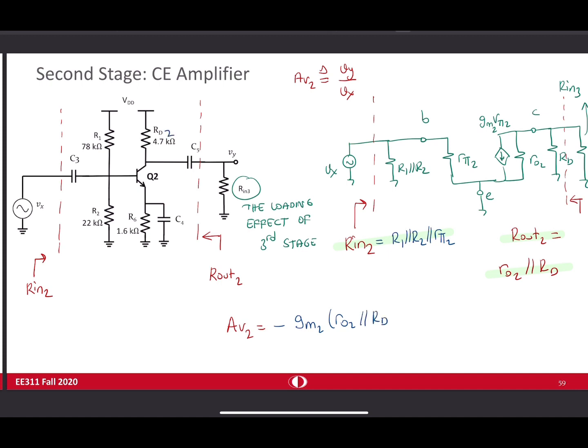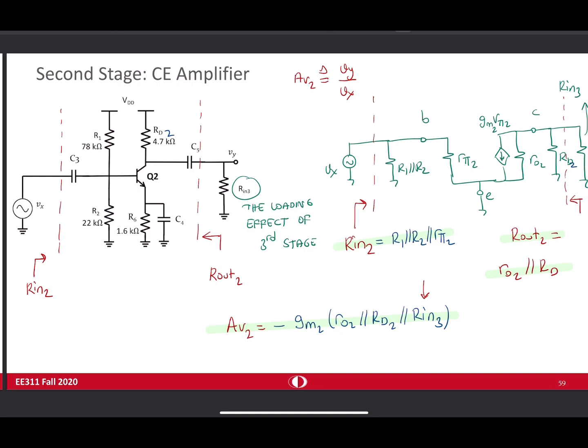Let's say this is RD2, not to confuse with the first stage RD, in parallel with Rin3. So we find the second stage gain as well. The only thing that we don't know in here is this Rin3, and we will find it in the next slide when we come to the calculation of input resistance of the third stage.